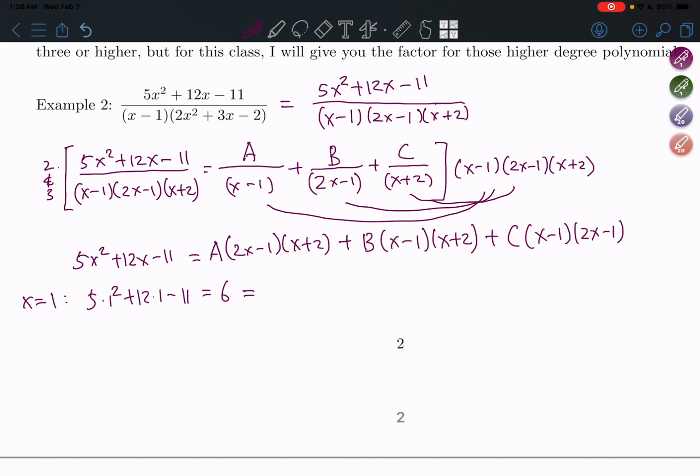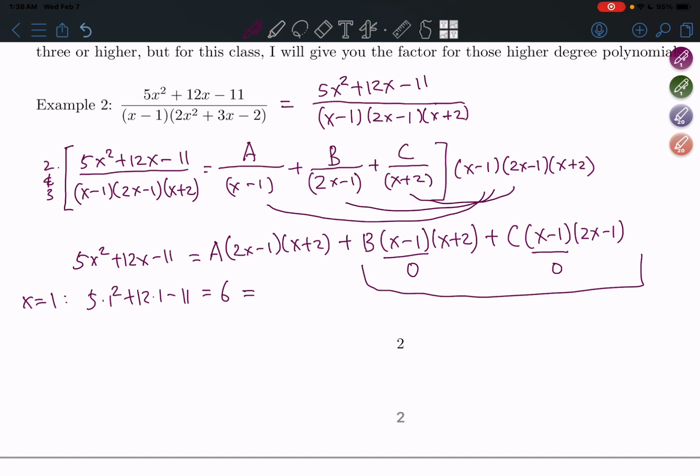On the right-hand side, when I plug in x equals 1, the x minus 1 term goes away, right? So is that, also an x minus 1 term. So if I have a 0 for both of these, then these two expressions go away.